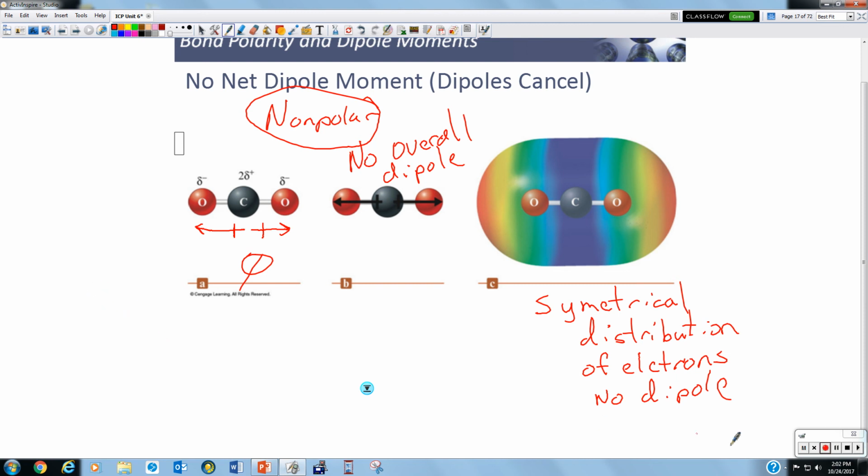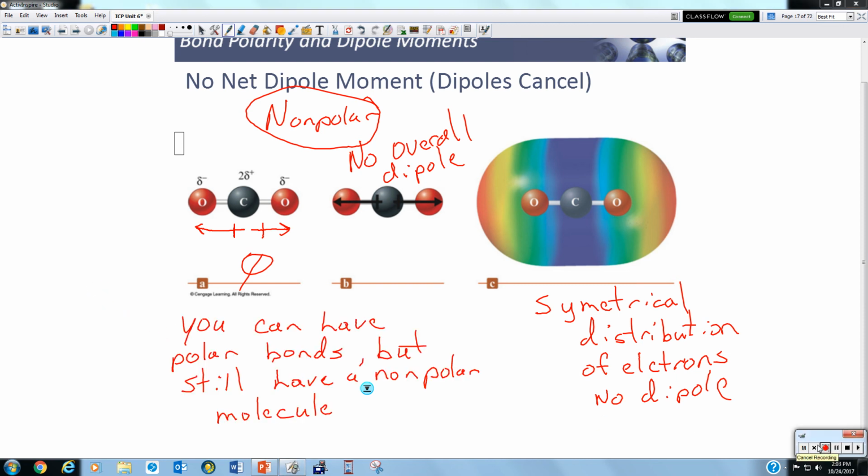The overall statement that I want you to get on this is that you can have individual polar bonds in a molecule, but ultimately have a non-polar molecule, because we're looking at the net dipole. If we have equal and opposite charges, they will cancel.